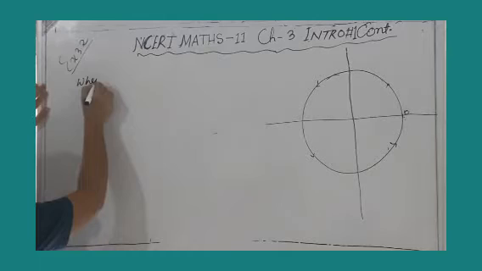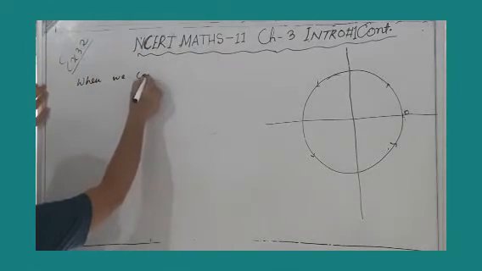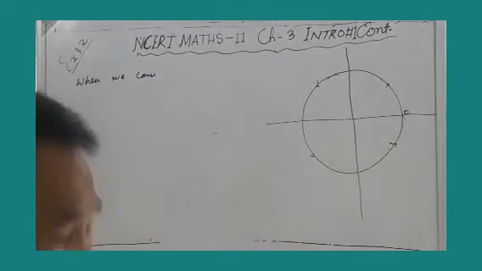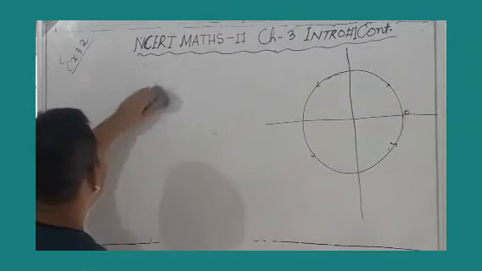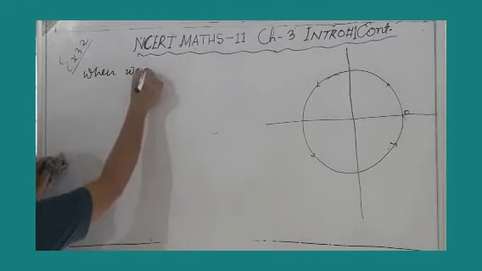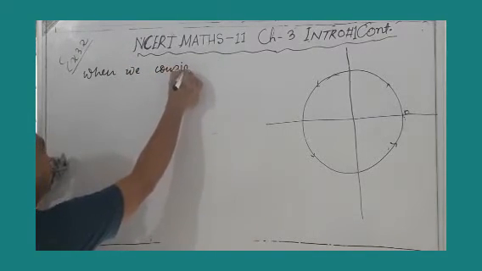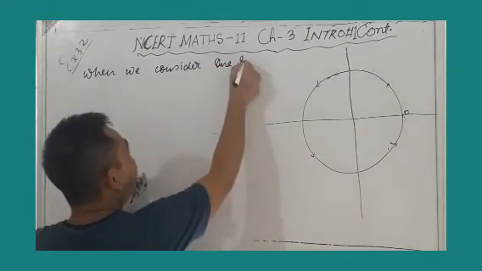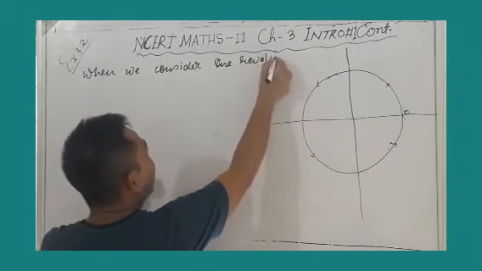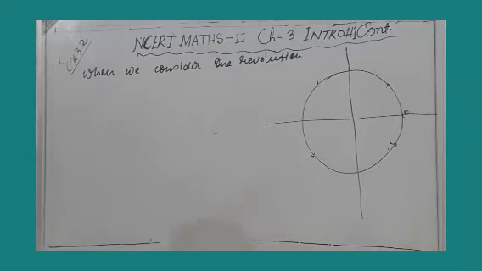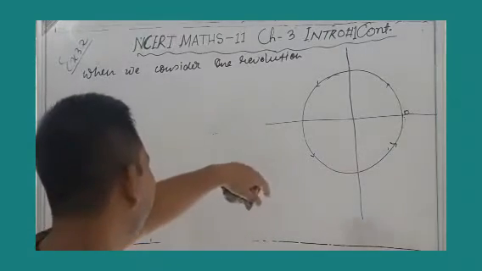When we consider one complete revolution, then what takes place?